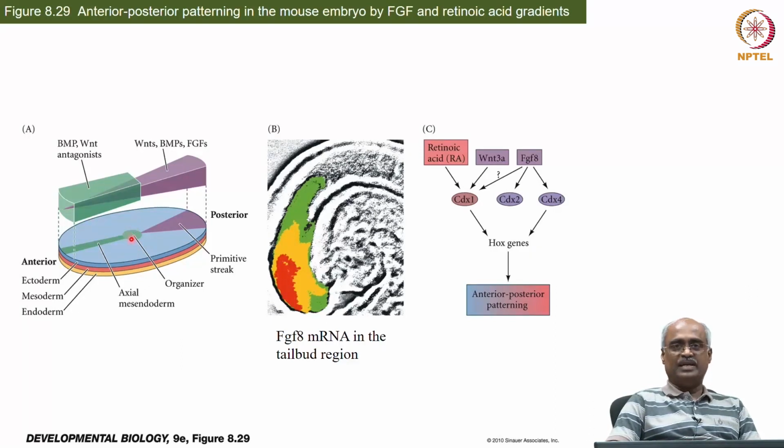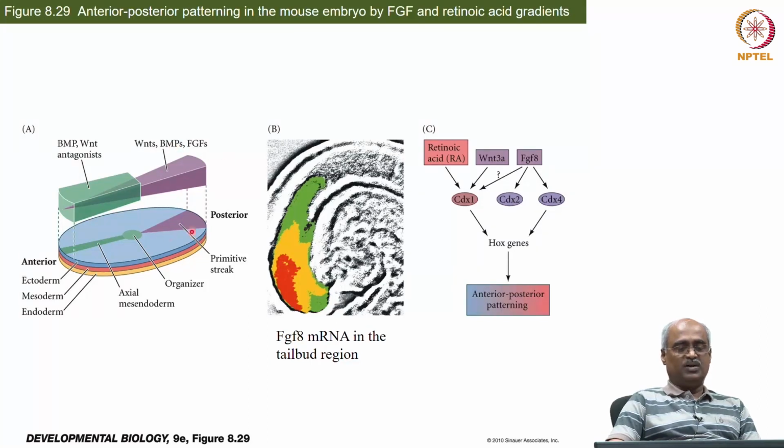Organizers probably in a later lecture I will introduce this if we are going to discuss amphibian embryonic development. And starting from the organizer, the anterior structures produce antagonists of these signaling molecules, Wnt, BMP and FGF. So FGF we already saw, and then I also told you chordin and noggin are antagonists of BMP.